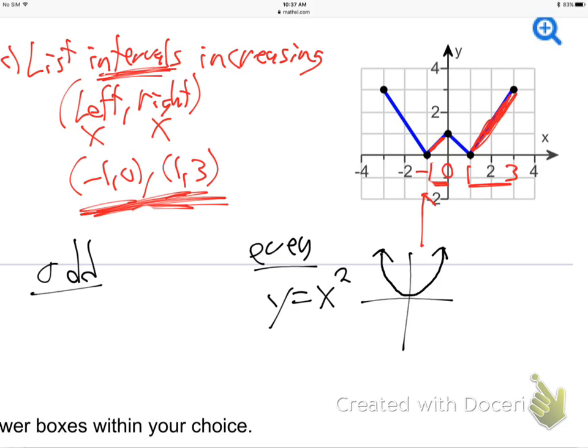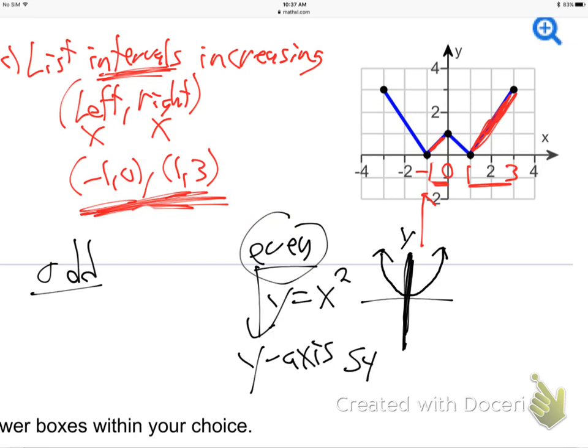Like what's a line that it's the same on both sides of? It's got y-axis symmetry. The y-axis is like a mirror. Even functions have y-axis symmetry. When you say even, it's another way to say y-axis symmetry. So you can put that on your 3x5 card. It comes from the fact that even functions like x squared have y-axis symmetry.